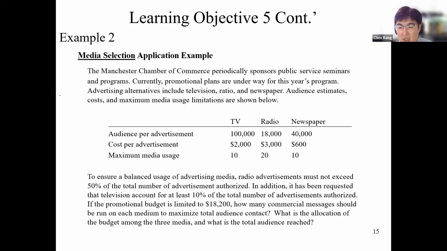Television must account for at least 10% of the total. The total budget is limited to $18,200. The question is how many ads should be run in each medium to maximize audience contact? So what you have to do is understand the description, and then formulate it into mathematical form.